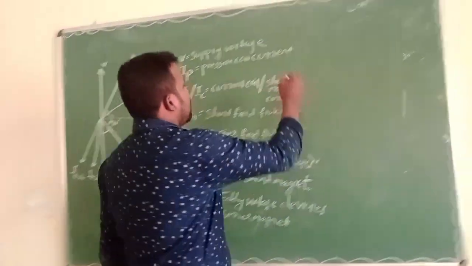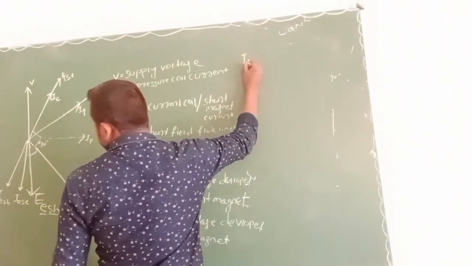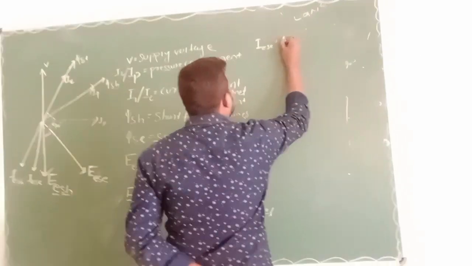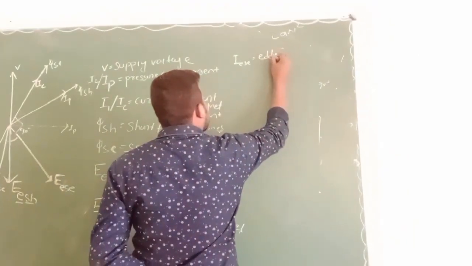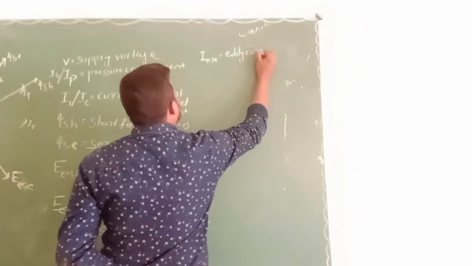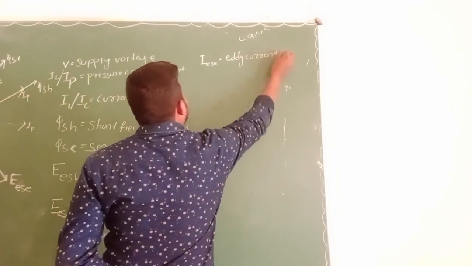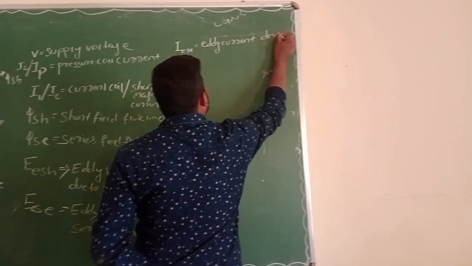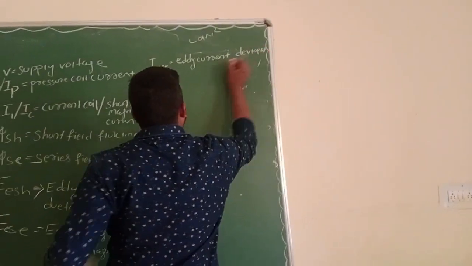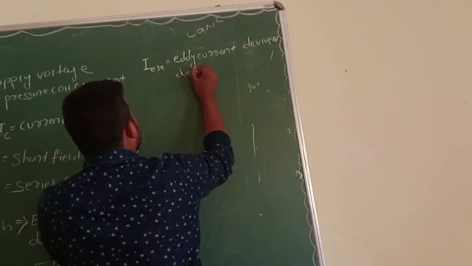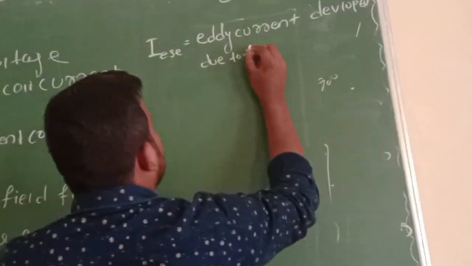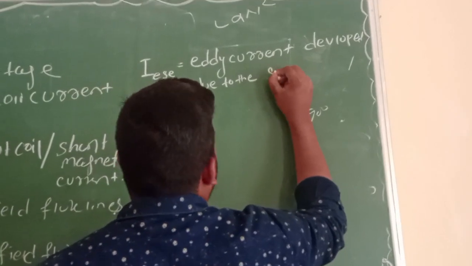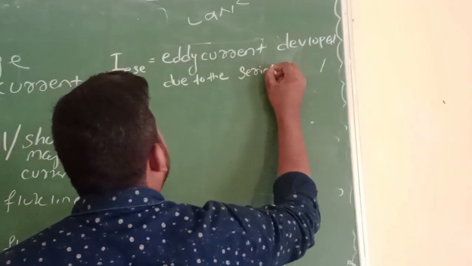And IESC is known as the eddy current developed due to the series field.